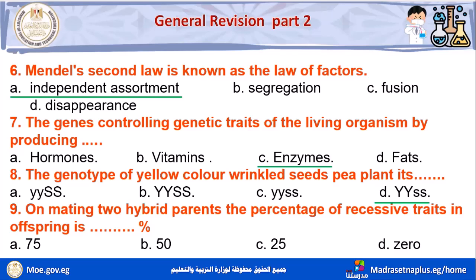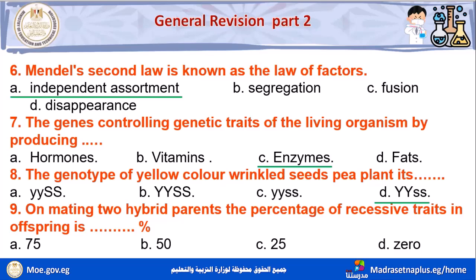Question number 9. On mating two hybrid parents, the percentage of recessive traits in offspring is space percent. Letter A, 75%.